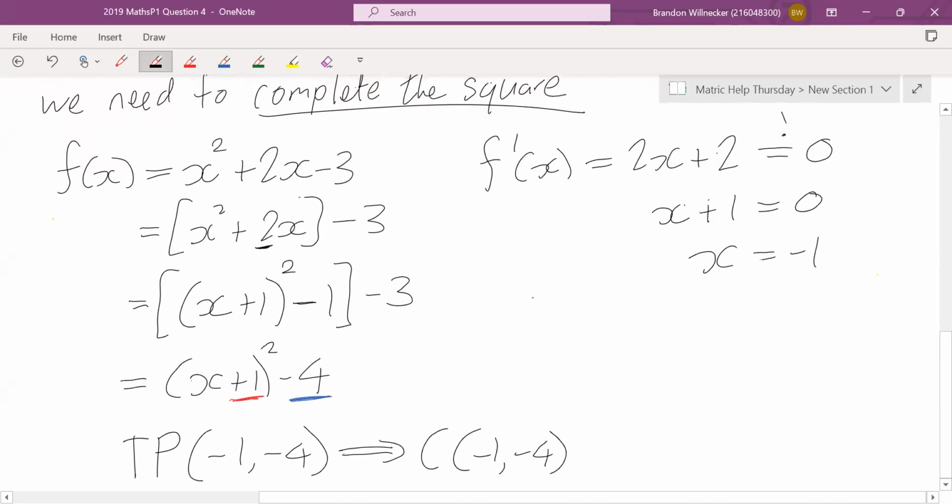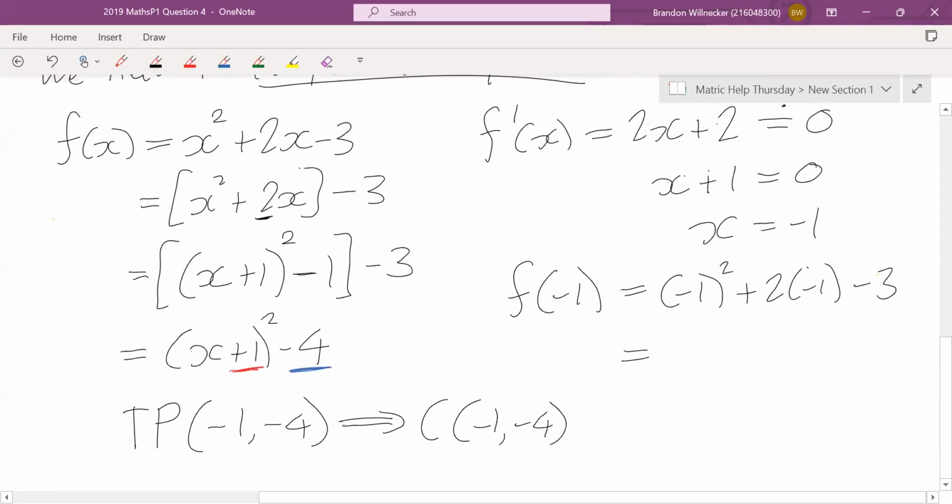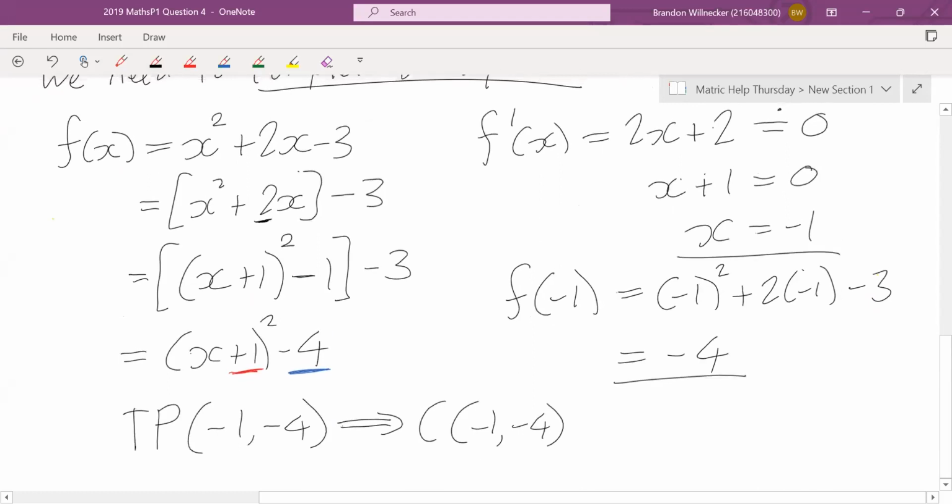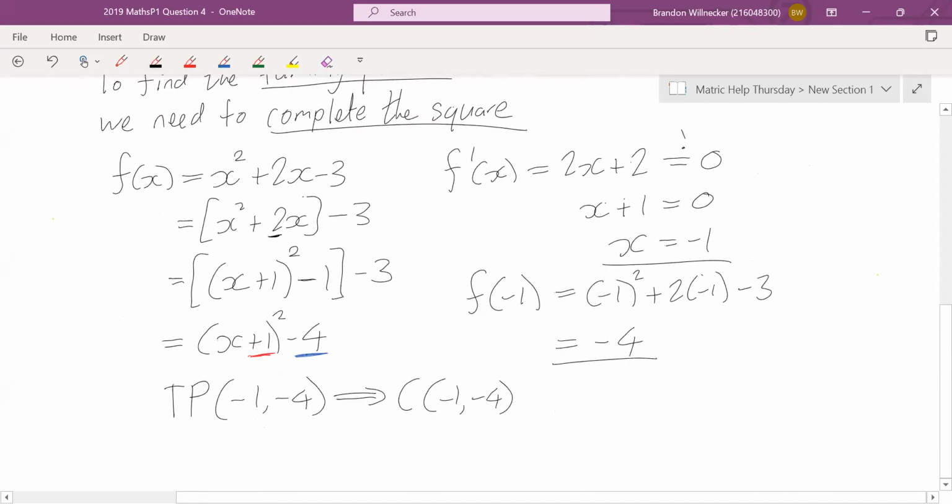And to find the y value, we just look at f at -1. That's going to be (-1) squared plus 2 times -1 minus 3. Yeah, and that's going to give us -4. Yeah, so we see we get exactly the same answer, 2 different ways.